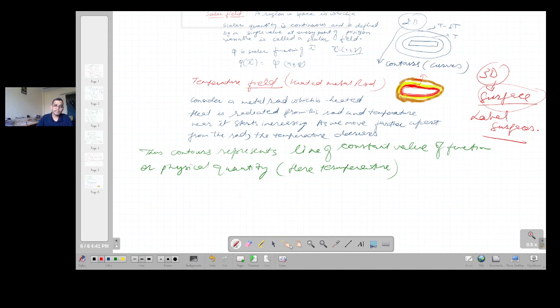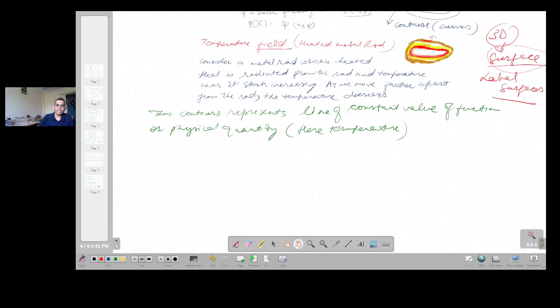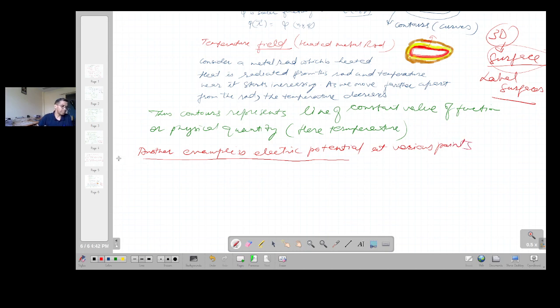And another example is electric potential. Another example of the scalar field is the electric potential, and the electric potential at various points surrounding a charged body.